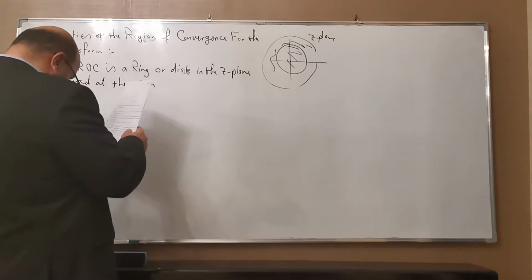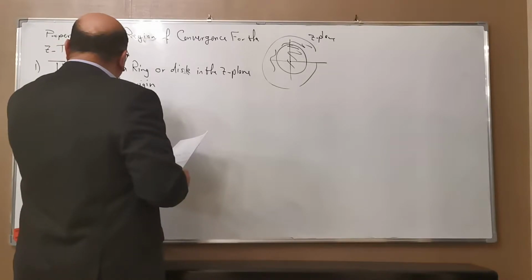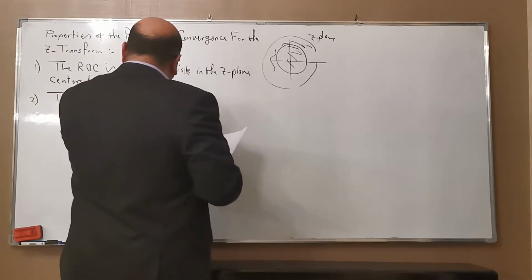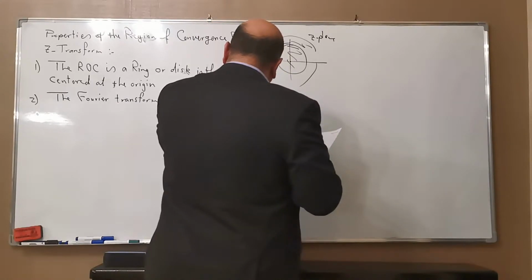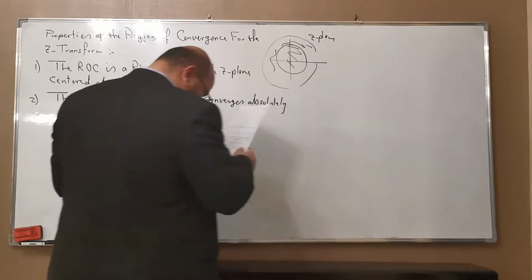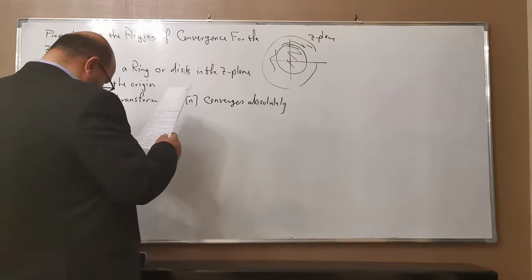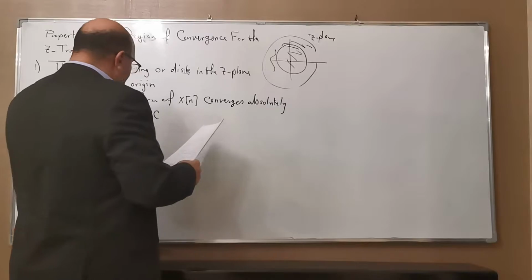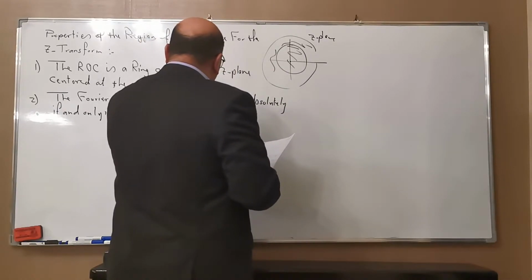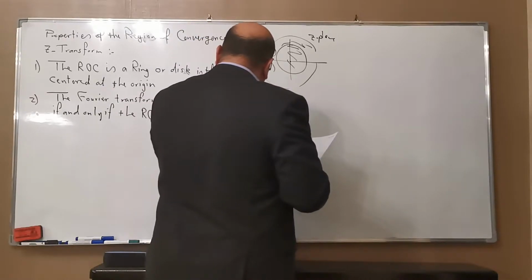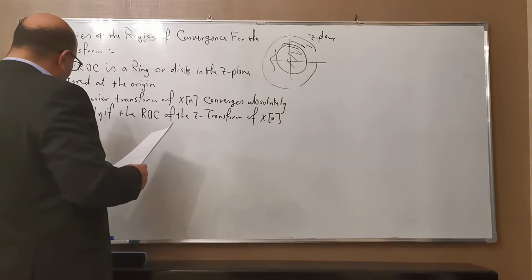Property number two, the Fourier transform of x of n converges absolutely if and only if the ROC, the region of convergence of the Z transform of x of n includes the unit circle.